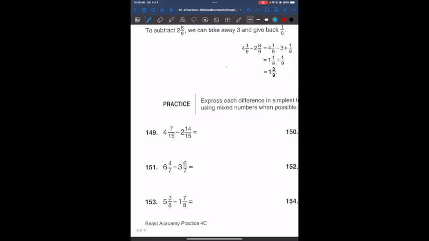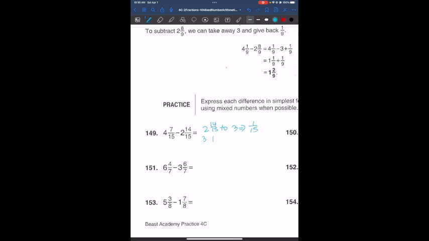So for problem 149, we can count up from 2 and 14 over 15 to 4 and 7 over 15. And so to do that, from 2 and 14 over 15 to 3, we need to add 1 over 15.